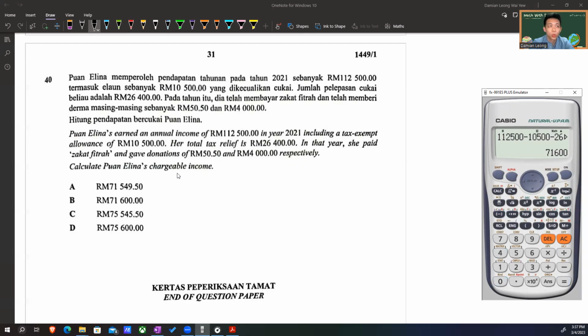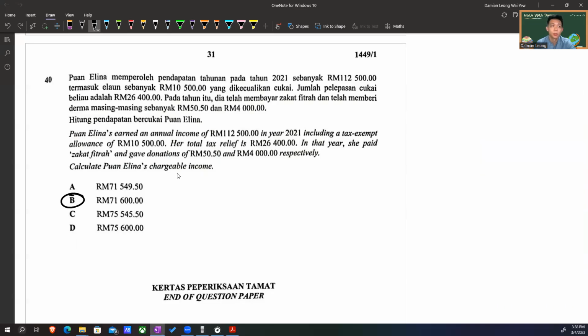Okay, which will be 71,600. So the zakat fitrah, don't go and count that because that is not part of the chargeable income. Okay, that will be part of the refund after we calculate the amount of tax that should be paid. So answer would be B.